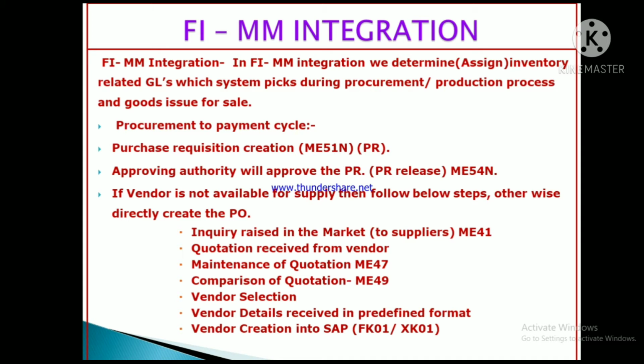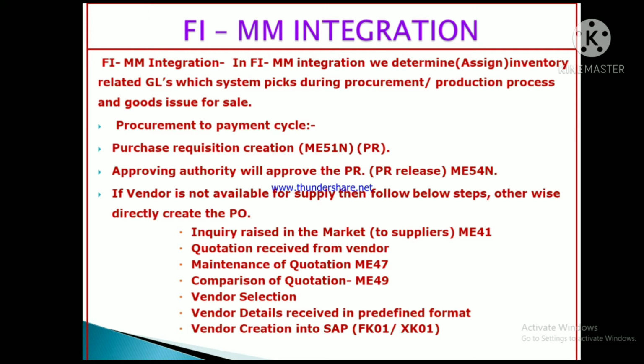Then if the vendor is not available for supply, follow the below steps. These are the steps when the vendor is not available for supply. So we cannot directly create the PO.